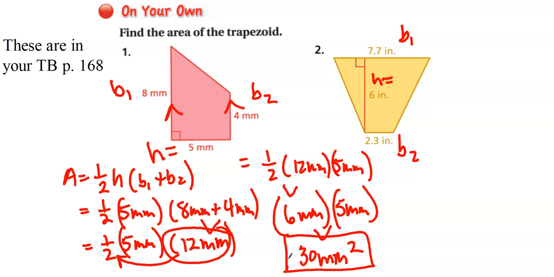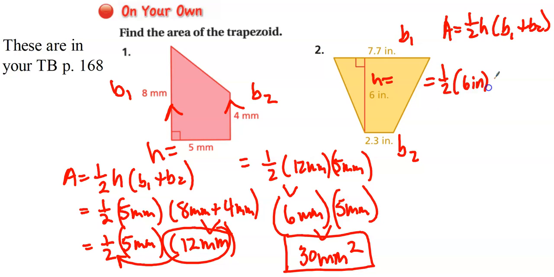All right, and the last one, again, I'm just following the steps that you wrote down. A equals 1/2 H times B1 plus B2. Okay, I already have all of my dimensions labeled, so it makes my job easier. So I have 1/2 times 6 inches times 7.7 inches plus 2.3 inches.